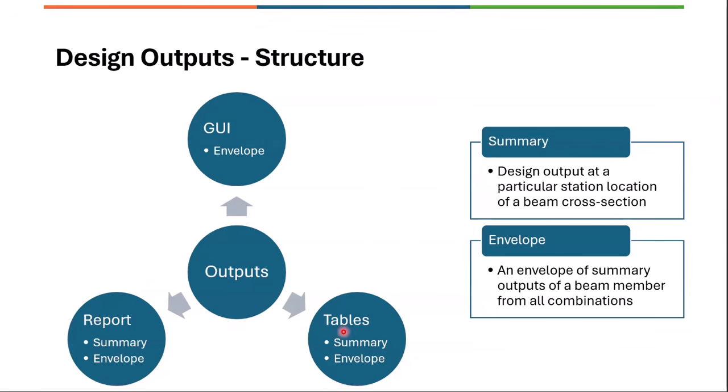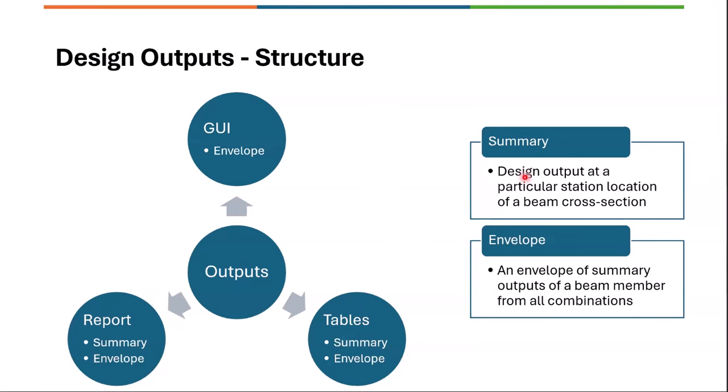For example, if you have a large span of a beam which is being designed, then there will be several outputs, which we'll discuss shortly. And to go through that section-based information, you can use the tables.